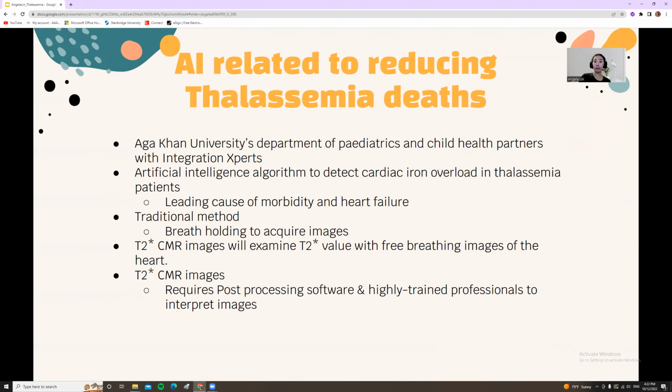The traditional method requires a patient to hold their breath while the images are acquired, but the improved version uses a T2 CMR image to examine T2 values without holding their breath. The T2 CMR images require post-processing software and highly trained professionals to interpret the images.